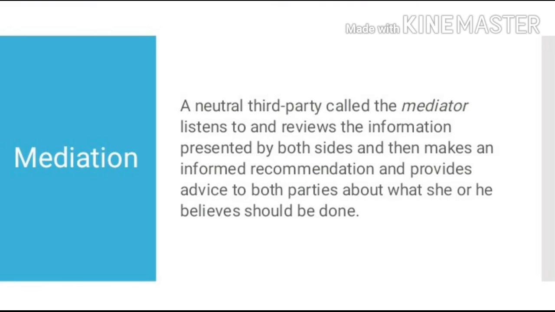The mediator then makes an informed recommendation and provides advice to both parties about what she or he believes should be done. A mediator would listen to both sides as they defended their positions, and would then review evidence about other settlements in the industry and the financial health of the mine.